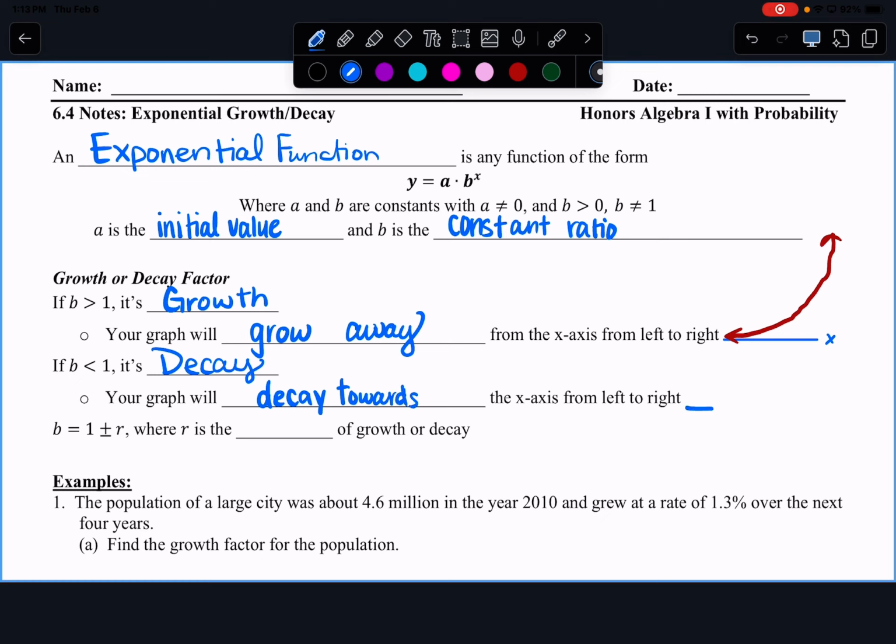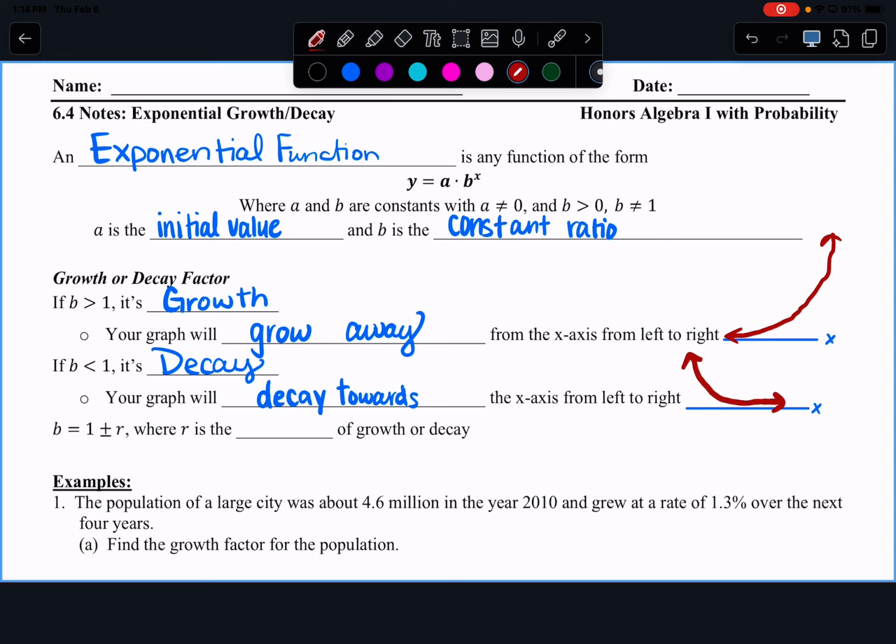We're going to draw our x-axis again, and this time the graph starts high, but then gets closer and closer to the x-axis. What's something whose value decays like that? Cars. The second you drive a brand new car off the lot, the value starts depreciating. That relationship can be modeled by a decay function.